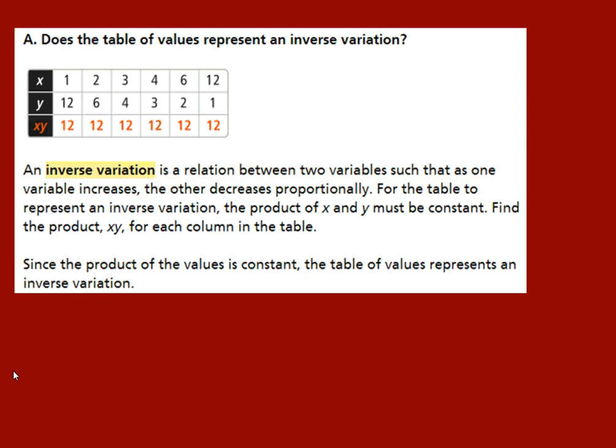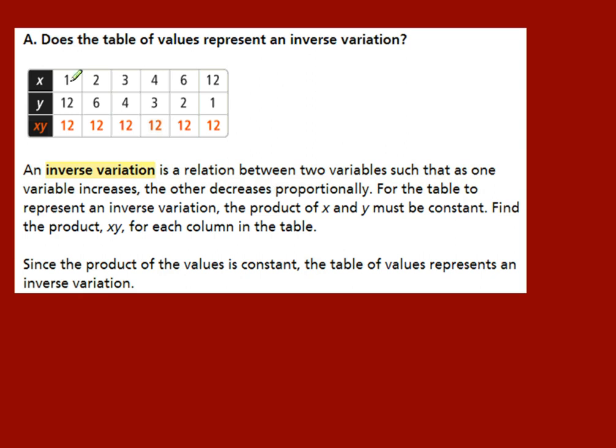So the first question this is going to ask us is, does this table of values represent an inverse variation? Well, this word inverse variation we have never heard before, so let's look at what that means. Down here it says an inverse variation is a relation between two variables such that as one variable increases, the other decreases proportionally.